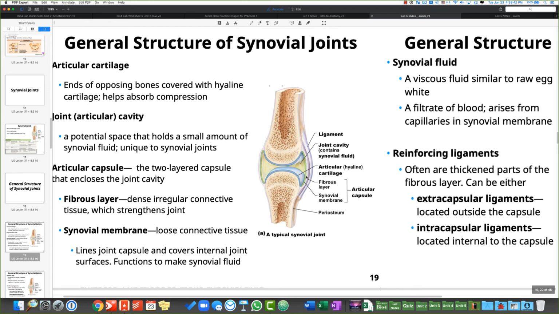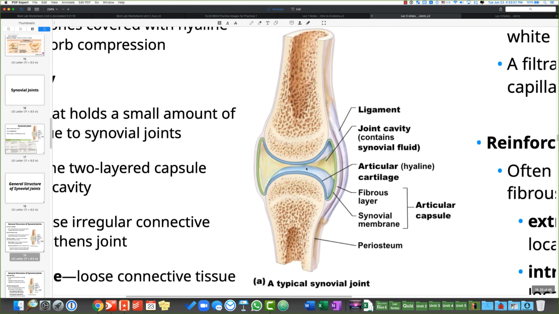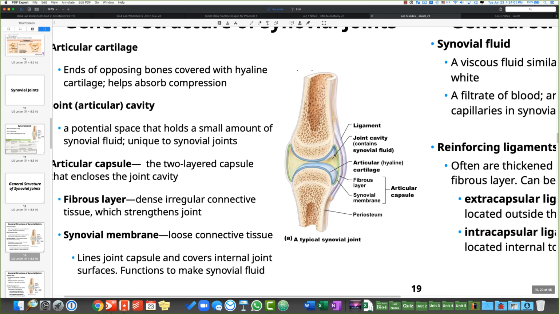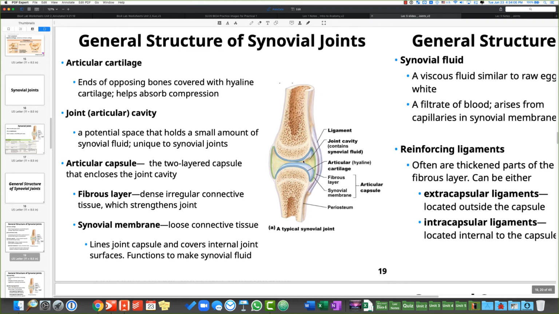It's made of dense irregular connective tissue that directly helps to strengthen this joint. Within that, there is the synovial membrane, which is made of loose connective tissue and lines this inner cavity. It actually creates that synovial fluid and helps lubricate the joint, so it lines the internal joint surfaces.